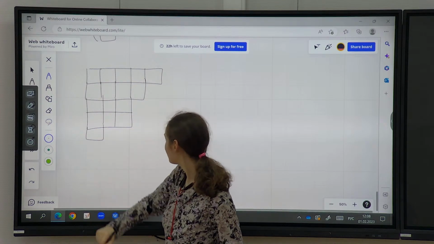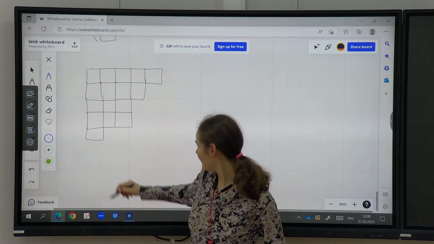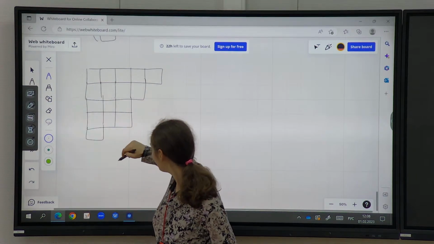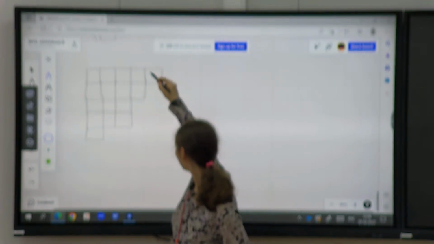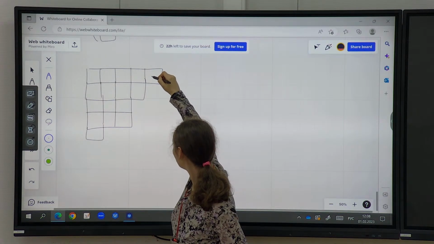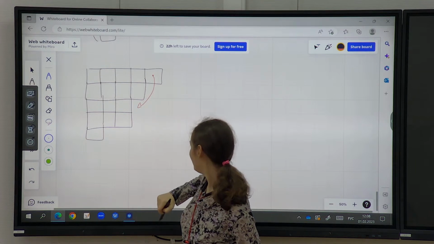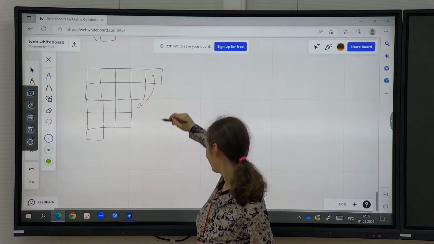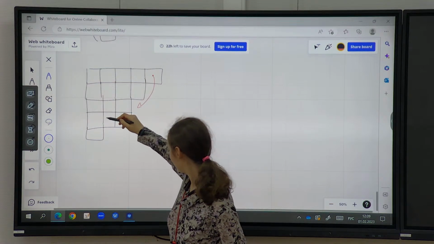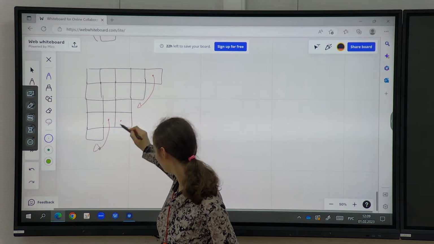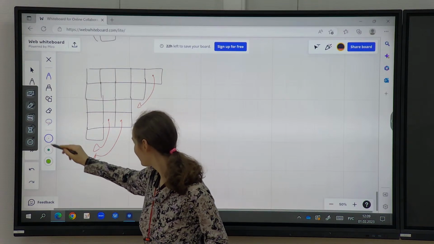It consists of boxes, and then we can take some boxes and move them down. For example, we can move this box somewhere here, and these two boxes we move here and here.